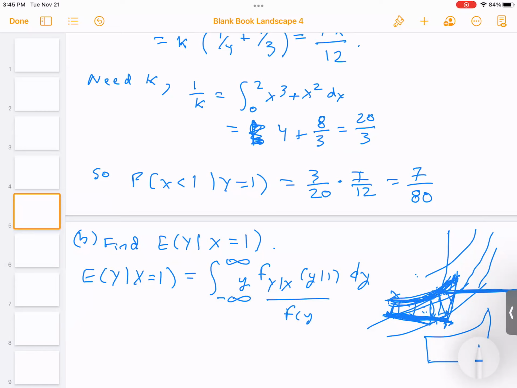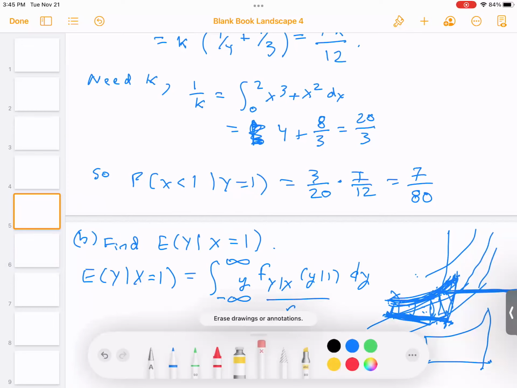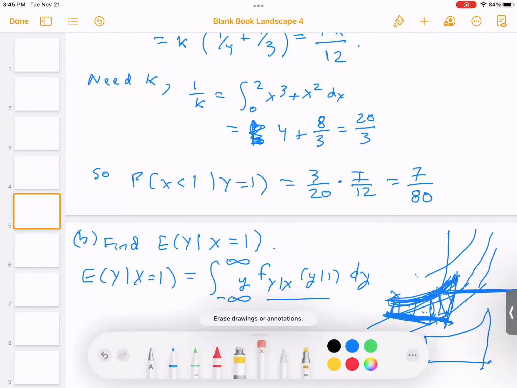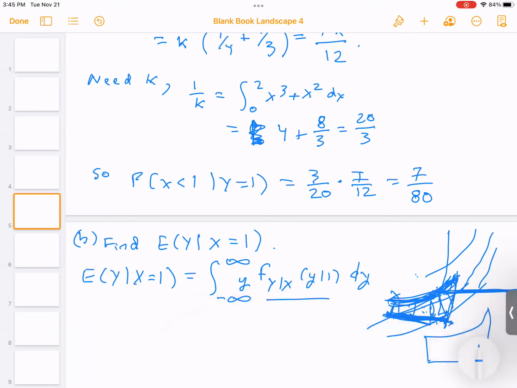No, it does go first there, but now I have to write it the right way. If I'm going to write it in terms of its definition, which I was trying to do, this is going to be f of X is 1, Y is a variable still, over the marginal density fX of 1.